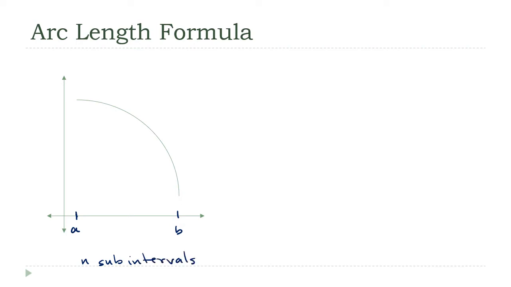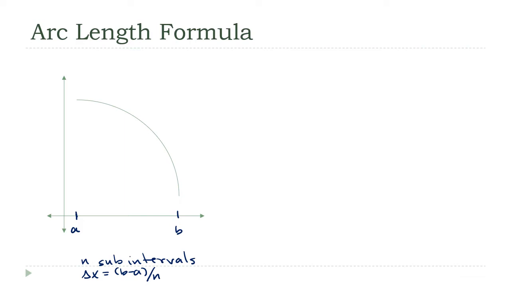And the length of those intervals, delta x, will be b minus a over n. And then we're going to come up with an approximation for the arc length of the curve on each of those subintervals. Add them up, limit as n goes to infinity. It's going to turn into an integral, and that's going to be our formula.